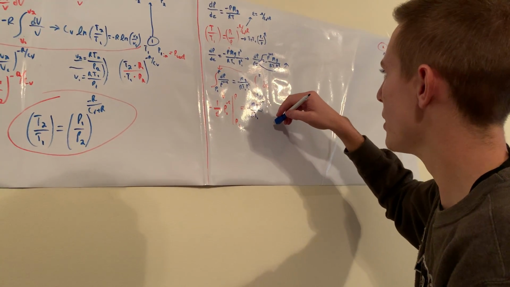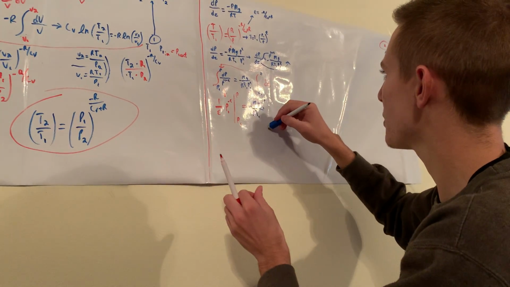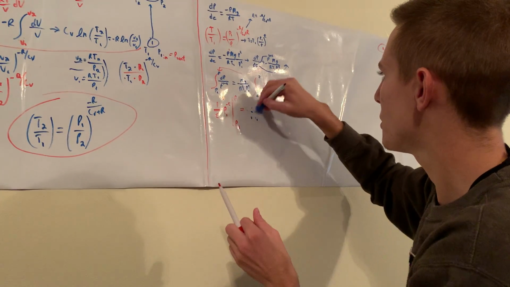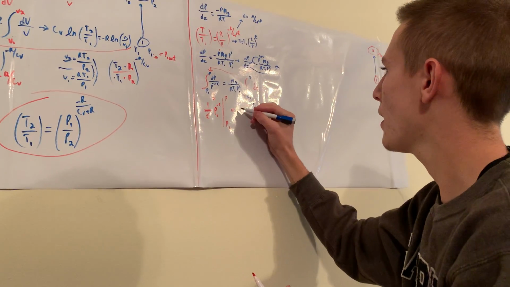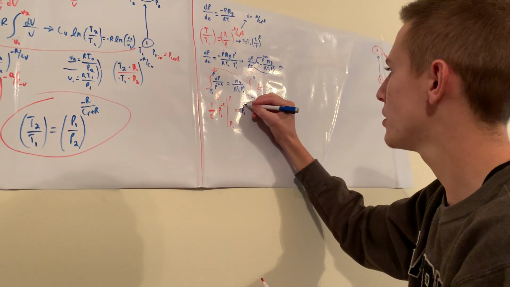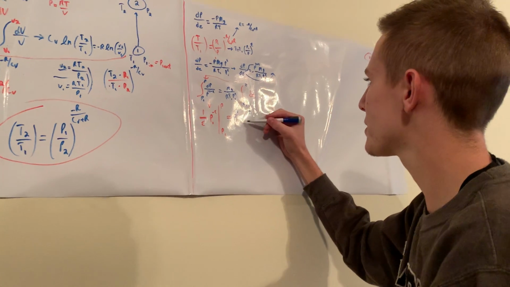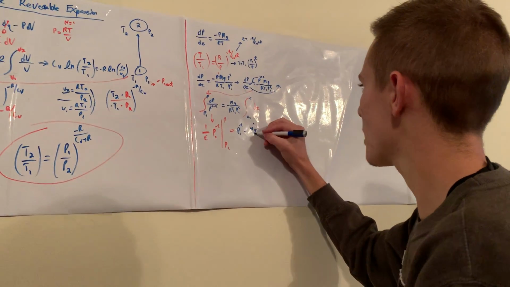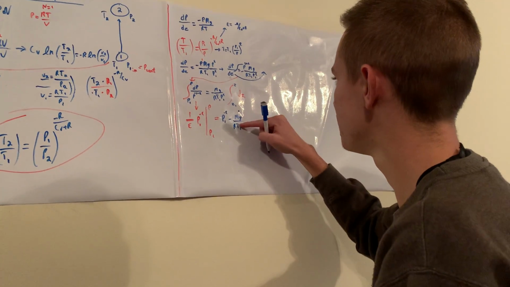I don't think that's what it's supposed to be, so let's rewrite this as pressure initial to the negative epsilon power minus mass times gravitational constant over R times T initial.